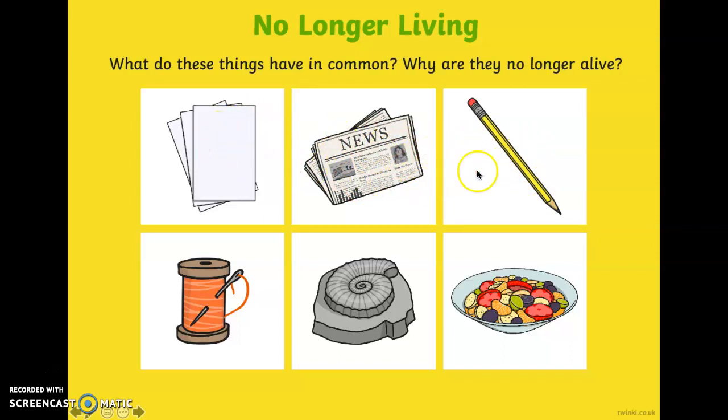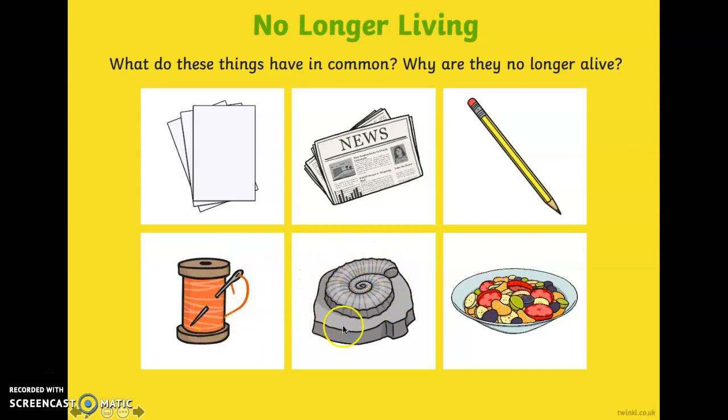So these were once part of a tree, so they were once alive, but because they're now in their new form, they are no longer living. Plus they're man-made. This here is thread, cotton thread, from the cotton plant. So it's no longer living, even though at one point it came from a plant.